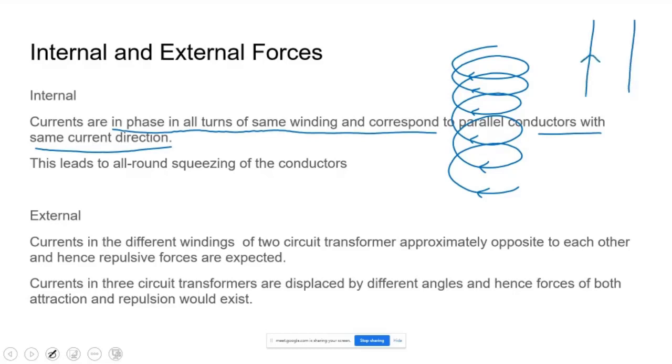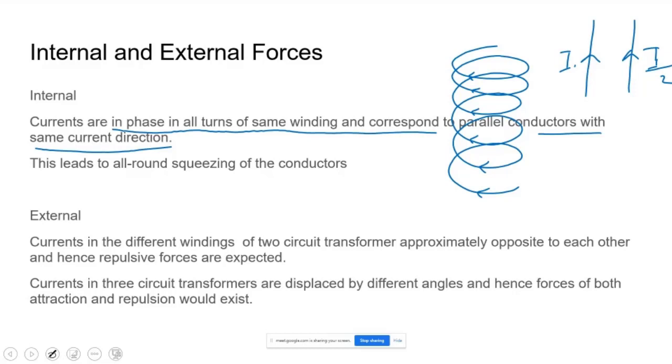So this corresponds to current carrying conductors with current in the same direction. If you remember, the force is proportional to the product of, say, I1 and I2. But here the I is the same. It is I square. It is proportional to I square.